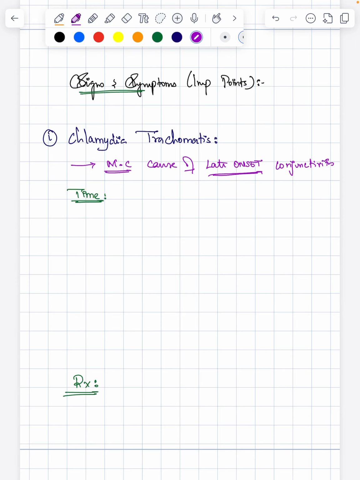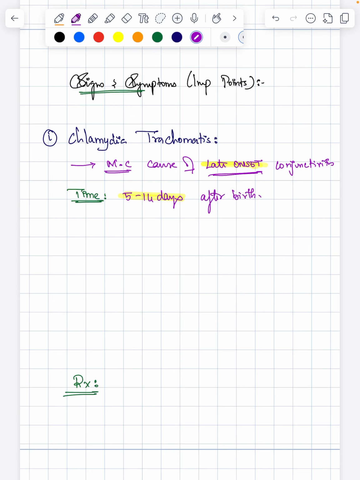If the child has a Chlamydia trachomatis infection, the time of appearance will be 5 to 14 days after birth.